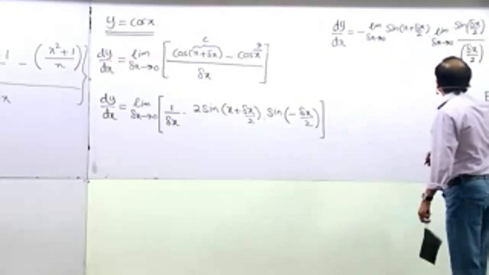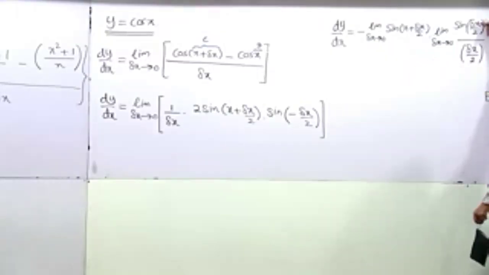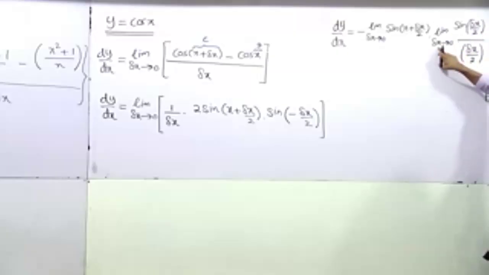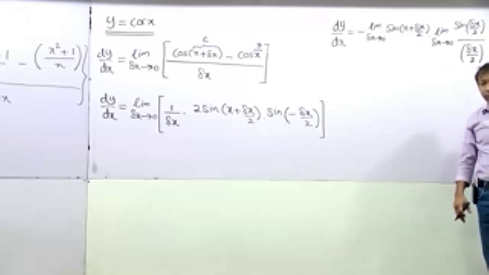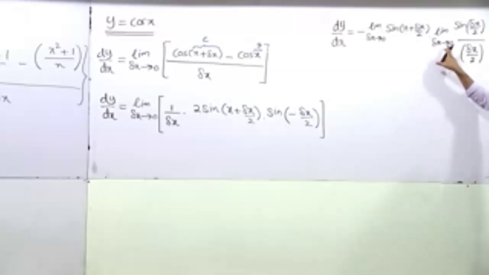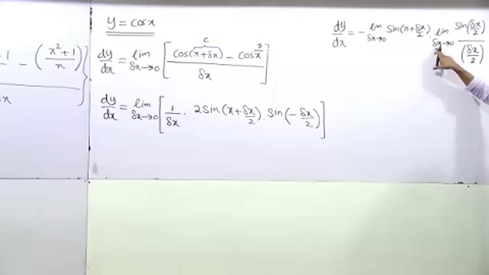Now, see, here when delta x going to 0, delta x by 2 also going to 0. Then, if I take this delta x by 2 as theta, here we have sin theta divided by theta. Delta x going to 0 means half of that also going to 0, no? Then here we can write this delta x going to 0 as delta x by 2 going to 0. Then we get sin theta divided by theta, theta going to 0.